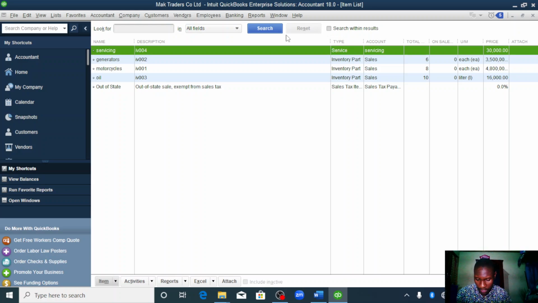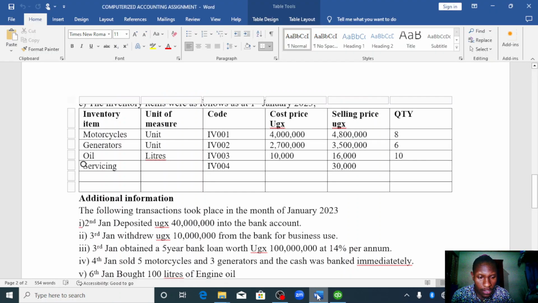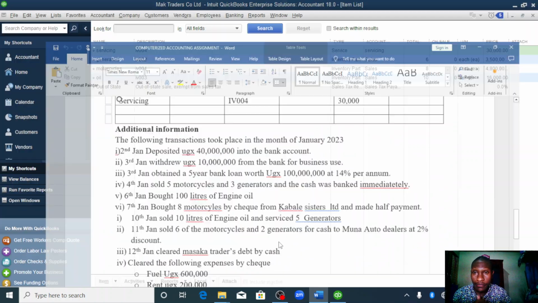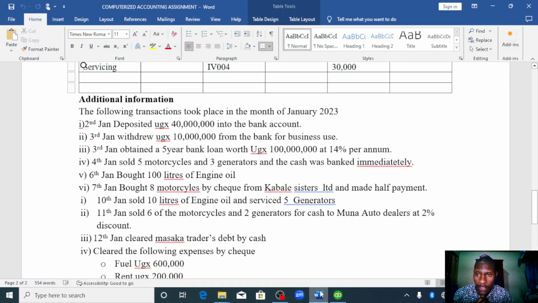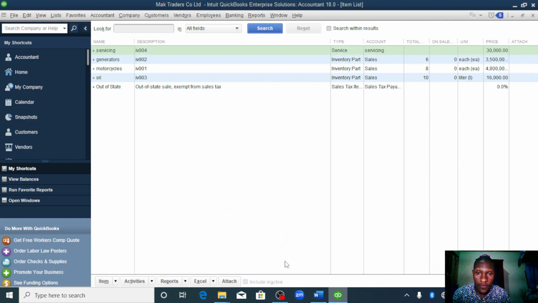We go to additional information. We start the transaction on second. It is saying on 2nd January, deposited Uganda shillings 40 million onto the bank account.